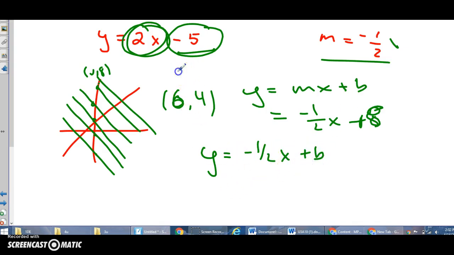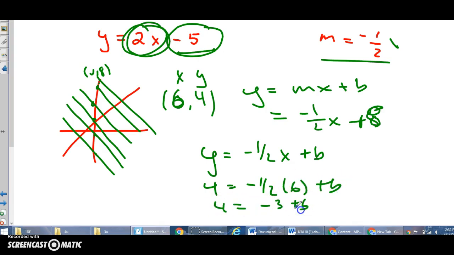So I solve for b by subbing in 6 and 4 for x and y. So this is 4, this is 6, and now I solve for b. 4 is equal to -3 plus b. Bring that over. Add 3 on each side. There's b. 7 is equal to b. So now I have y is equal to -1/2 x plus 7. So that would be the answer to that question.